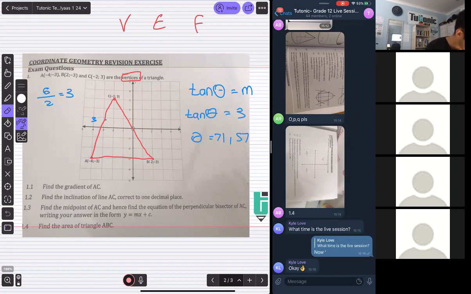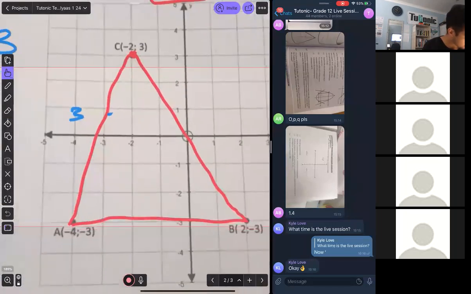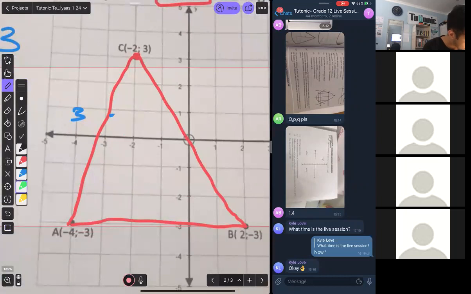Guys? But what I want you to draw your attention to, do you notice how this is the angle with the positive x-axis? But this is also an angle. Do you see that?